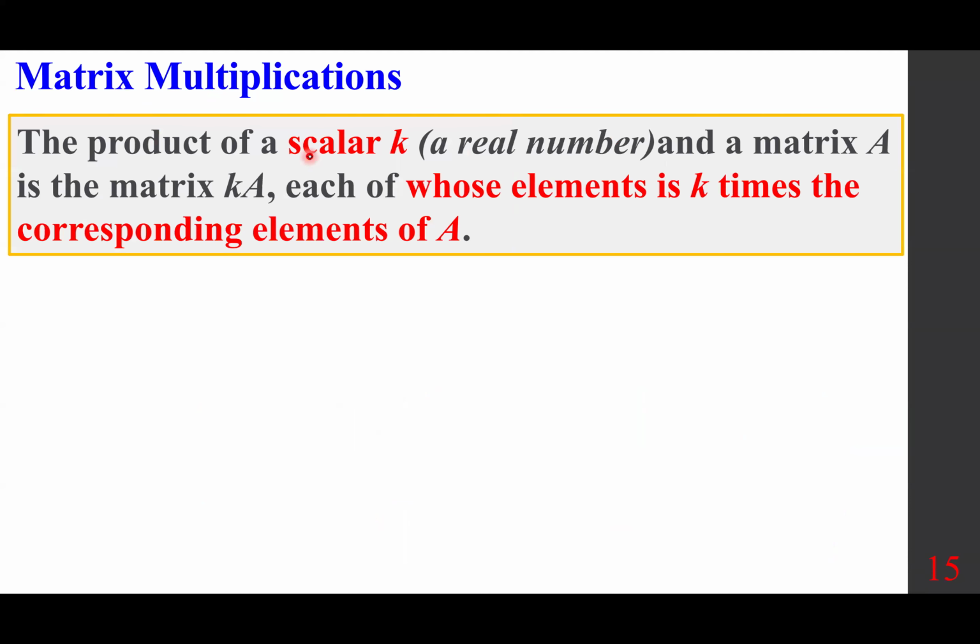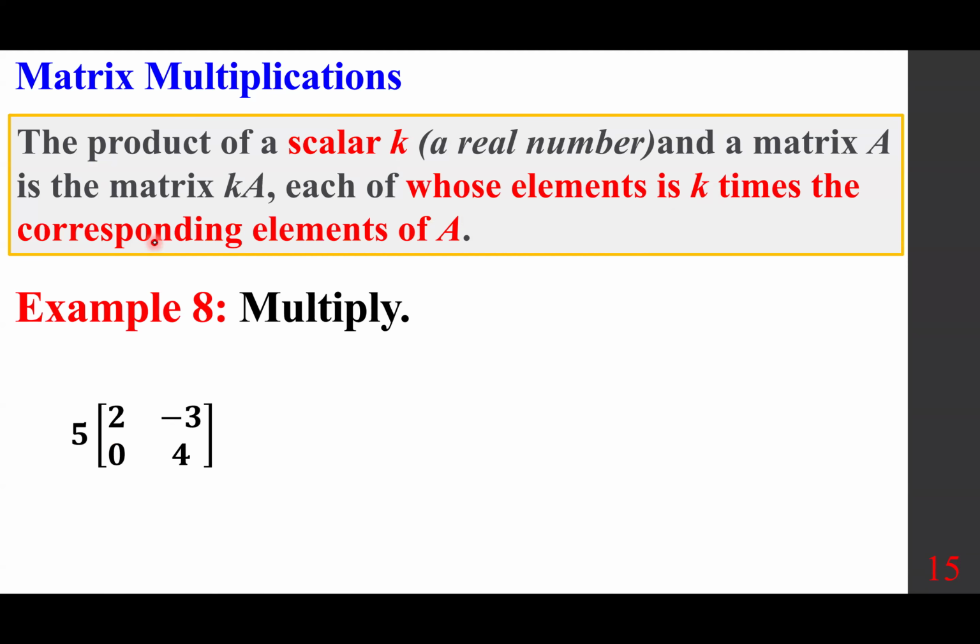The product of a scalar, a constant, a number, a real number, and a matrix A is the matrix K times A, each of whose element is K times the corresponding element of A. For example, we want to multiply the matrix by number 5. And by the way, you can have the number in front of a matrix or to the right, makes no difference.